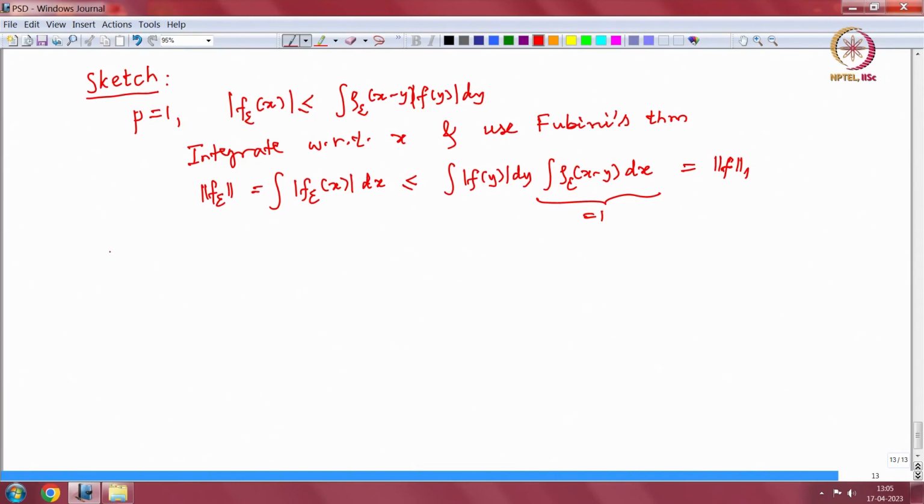When p is bigger than 1, we use Hölder's inequality.